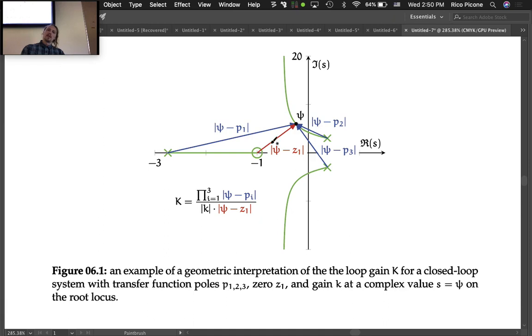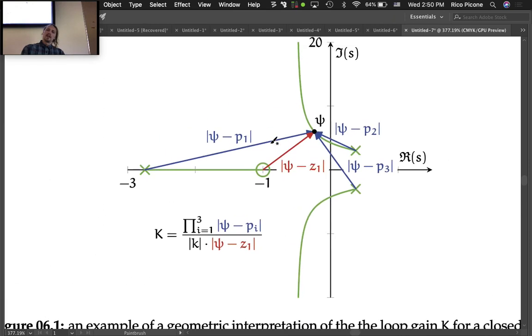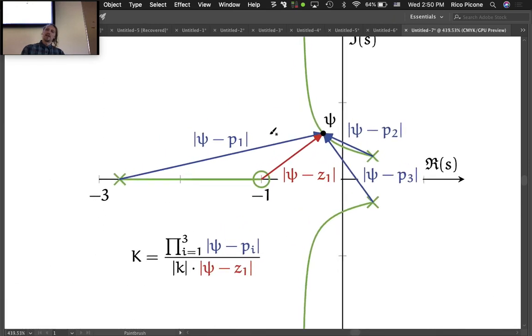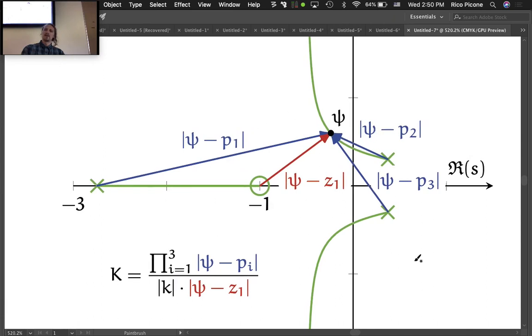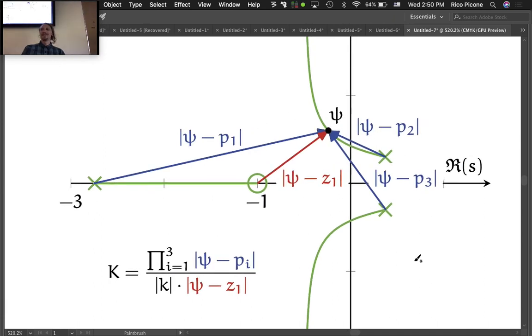I think it's really hard to interpret this unless you look at an example of it, so this figure shows one.